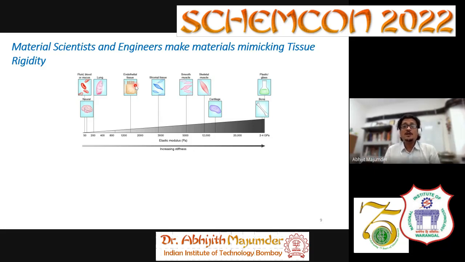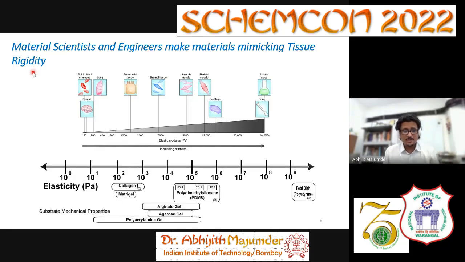So to understand how this tissue rigidity is important, chemical engineers and material scientists have developed a range of different materials, from a few hundred pascals to some gigapascals, to understand the effect of stiffness on cellular behavior.